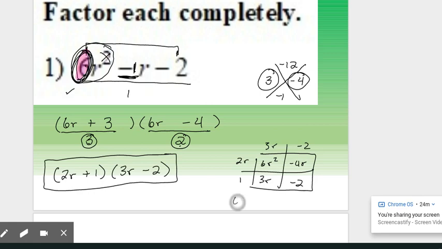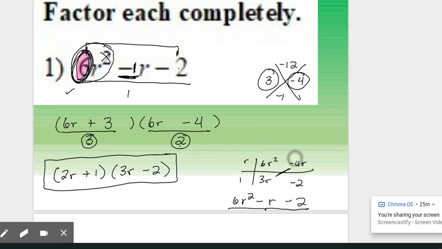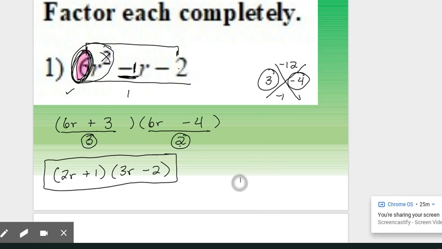Add up my like terms, I get 6r squared. These two add up to negative 1r. And look, when I multiply, I end up back at the starting answer. And that is a huge deal, to be able to separate this, because that's going to be one of the strategies we use in order to solve. So, that is the airplane method.